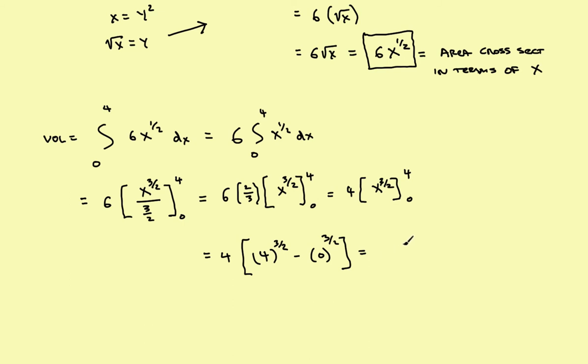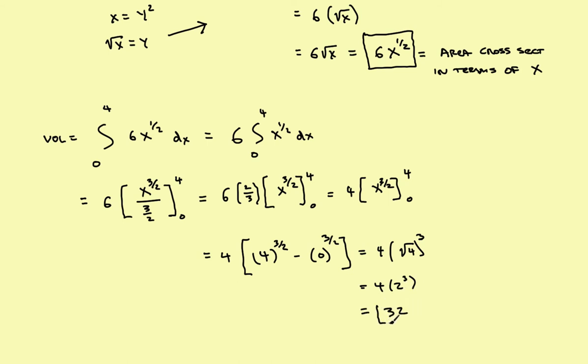And then finally, this would be like having 4 times, and change this to square root of 4 cubed, which would be 4 times 2 cubed, 4 times 8, which would be 32.